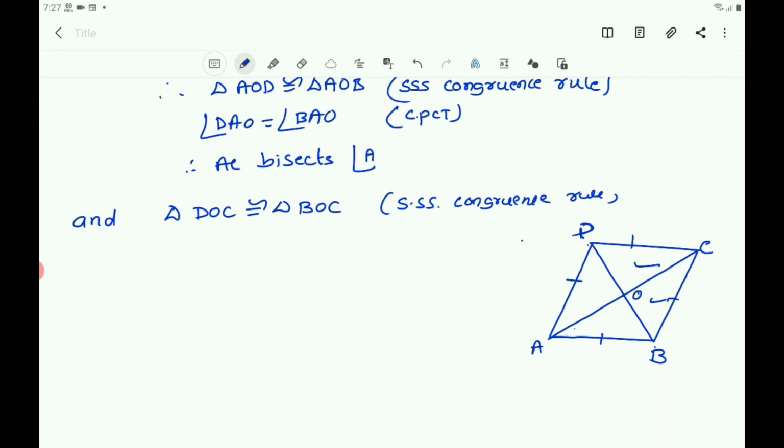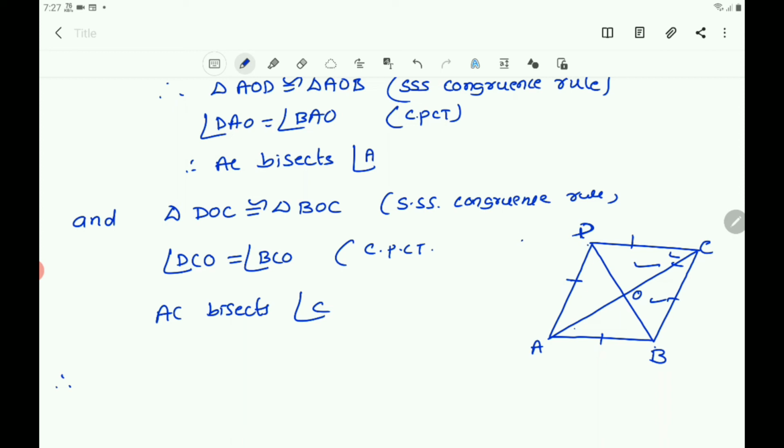Naturally, according to SSS congruence rule, triangle DOC is congruent to triangle BOC. Therefore angle DCO equals angle BCO. CPCT you will take. So AC bisects angle C. Therefore you can conclude that diagonal AC bisects angle A as well as angle C.